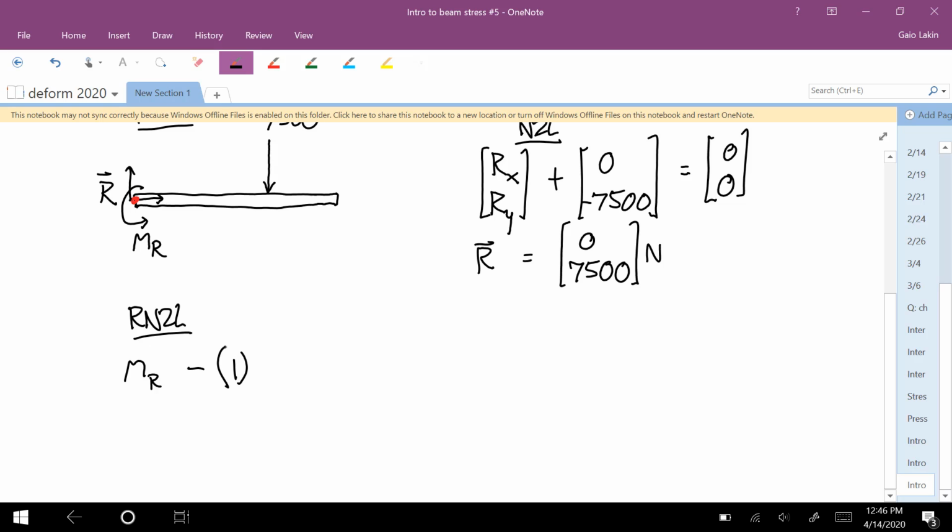That's 2/3 of the way along the length times 7,500 is equal to 0. So Mr is equal to 7,500 Newton meters. And now we can do the cuts.